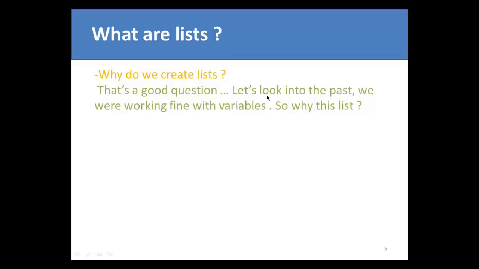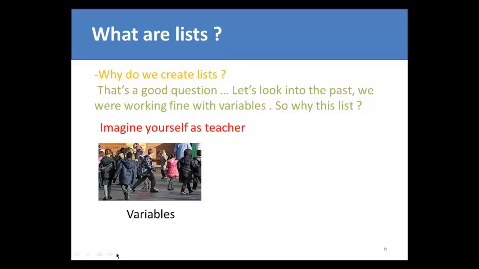So why do we create lists? Let's look into the past. We were working fine with variables. Then why did we introduce the list actually? So imagine yourself as a teacher who is controlling a class of 50 to 60 students, and it's hard to control every child by name or by calling them and giving them instructions.